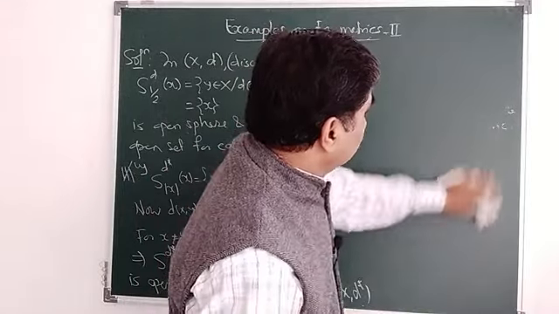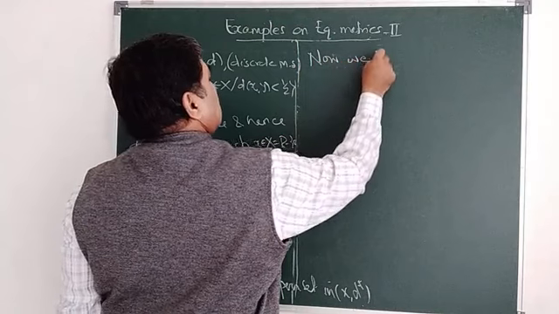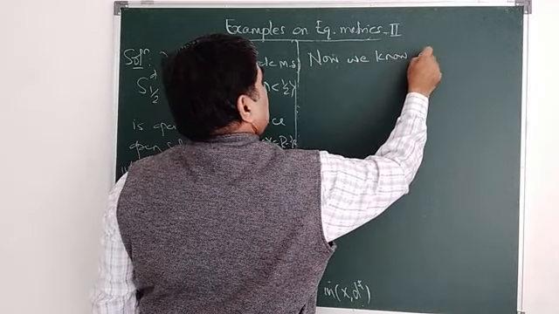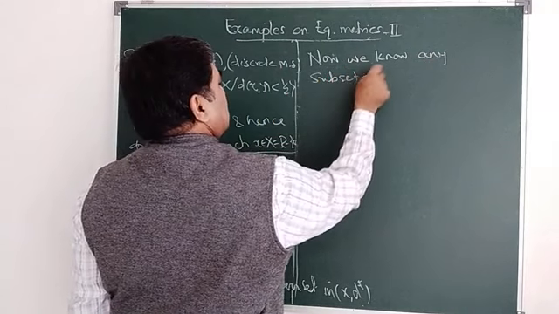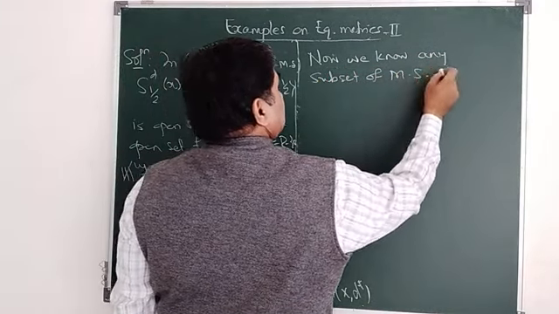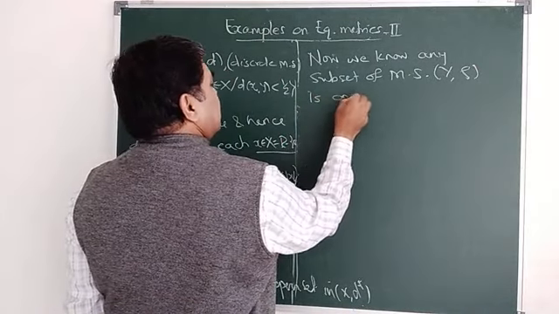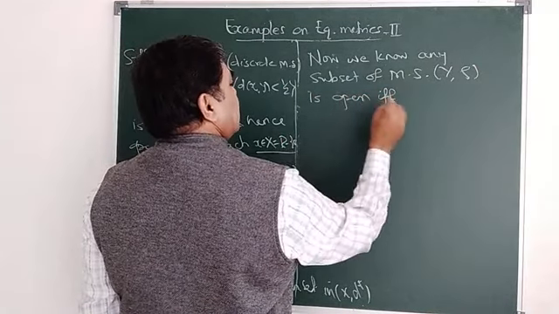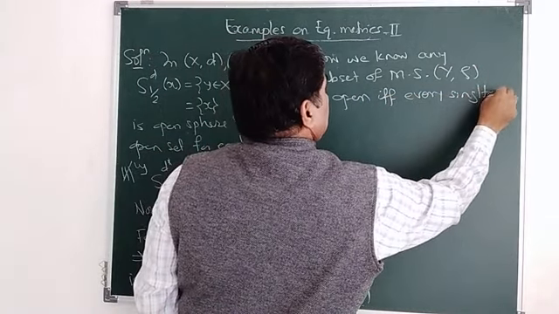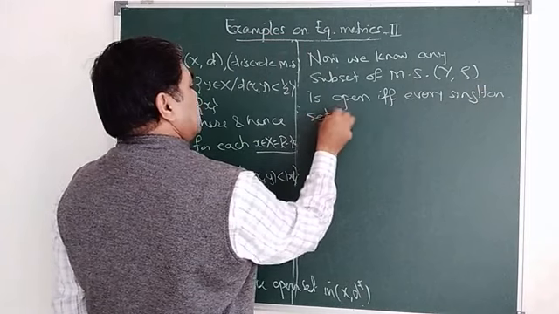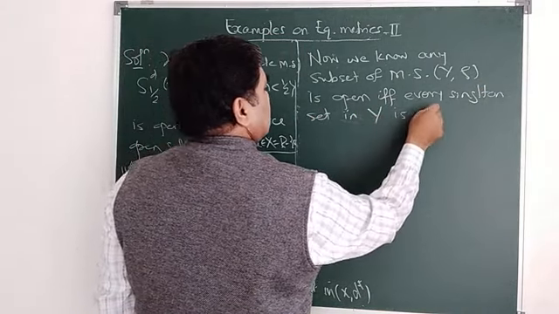Now we know any subset of a metric space, say Y rho, is open if and only if every singleton set in Y is open.